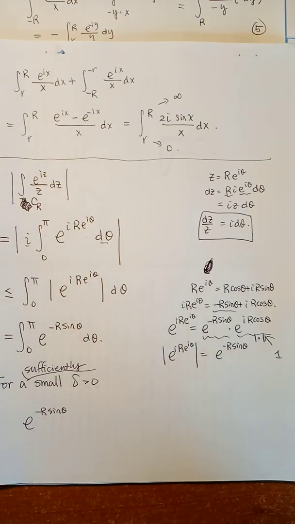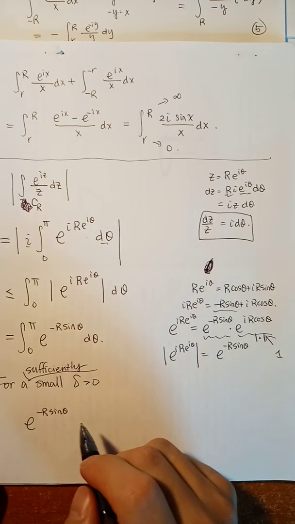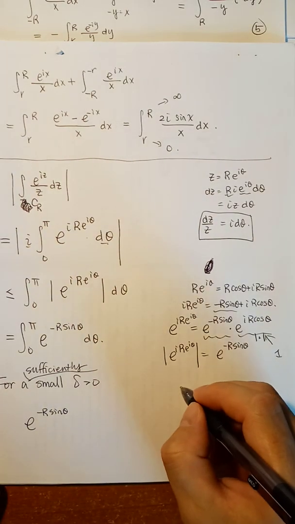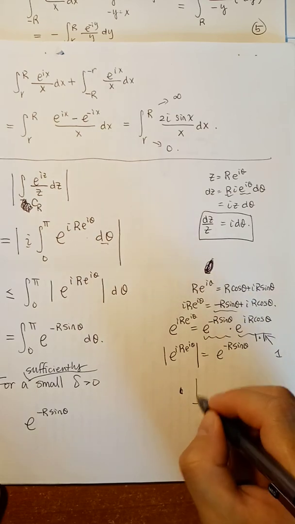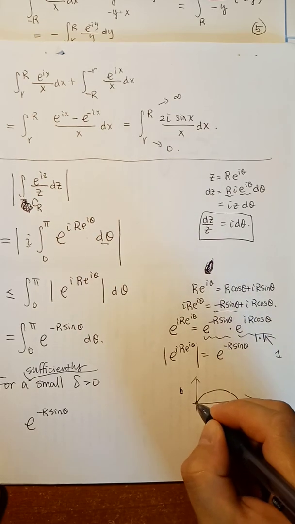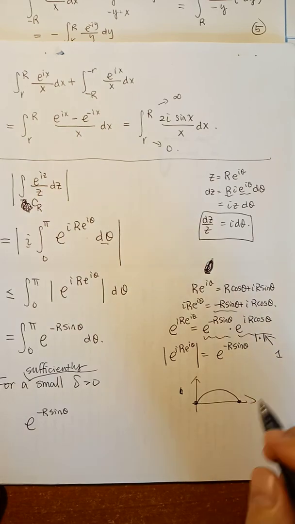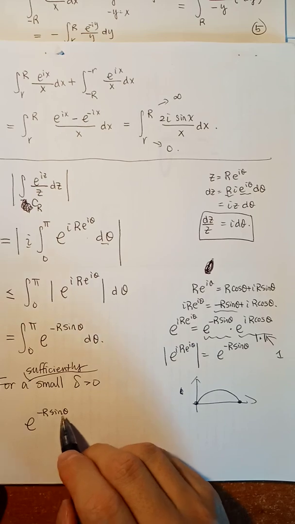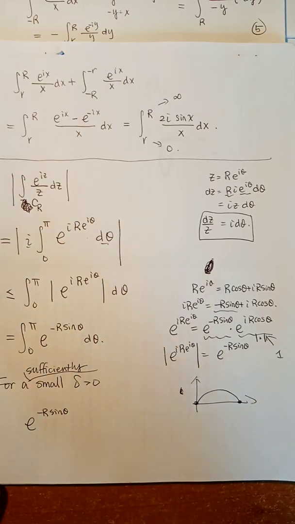And when θ is close to 0 and π, then sinθ is close to 0. With sinθ close to 0, this negative value is a maximum, right?